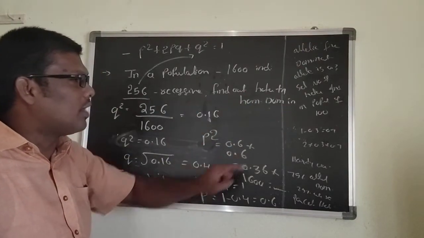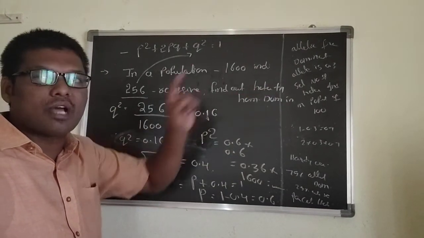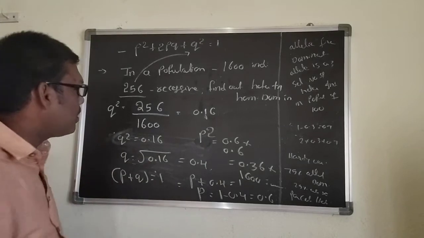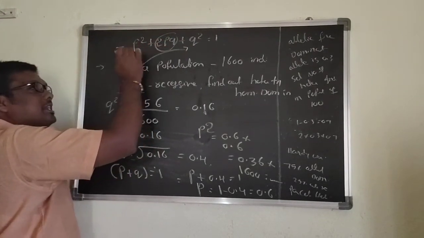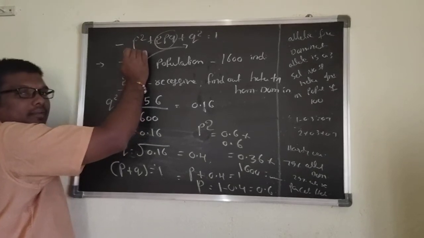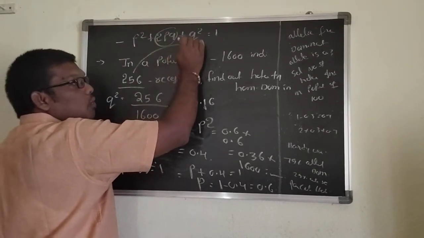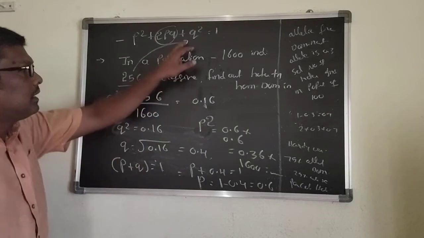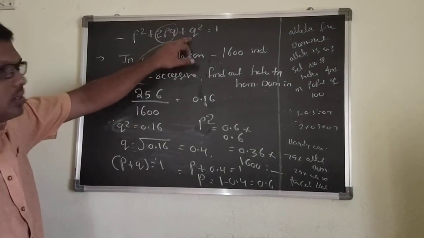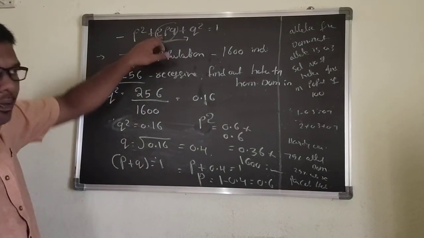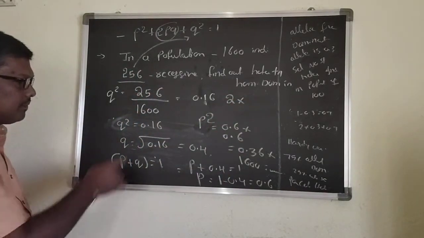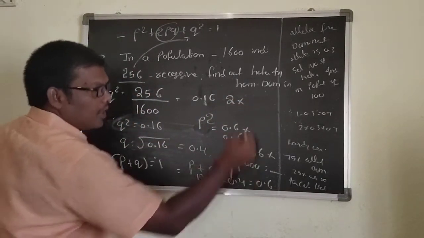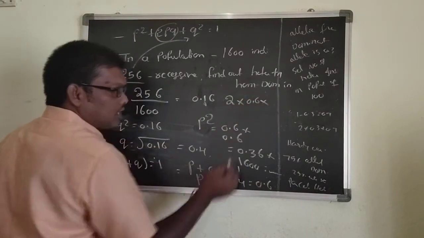The other one is the heterozygous individuals, which you can also calculate. Heterozygous means 2pq. This is the homozygous dominant, and this is the homozygous recessive. Now we know p and q, and we need 2pq.